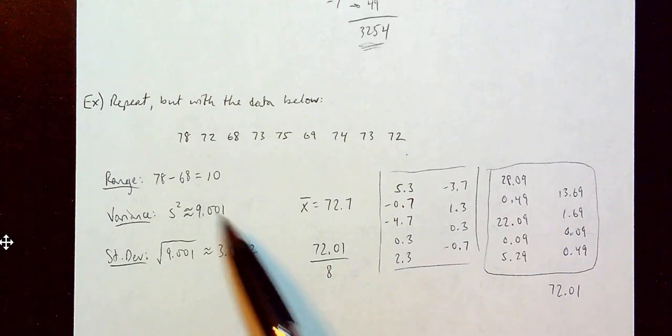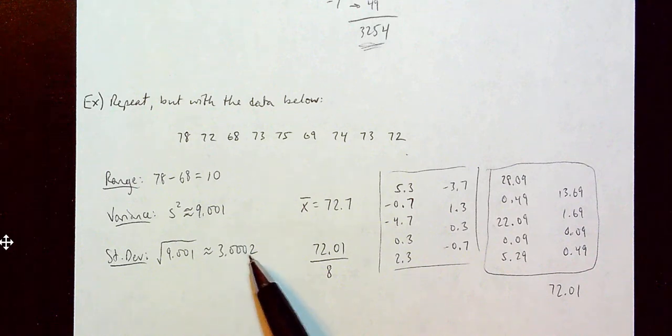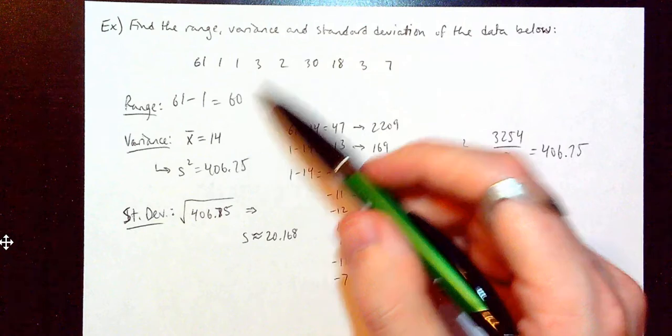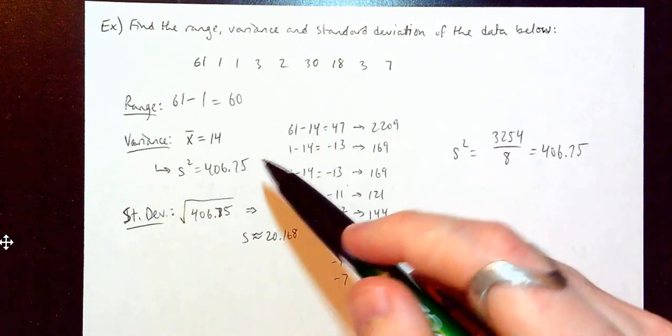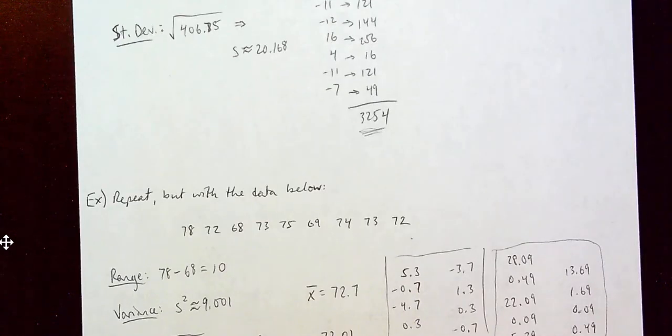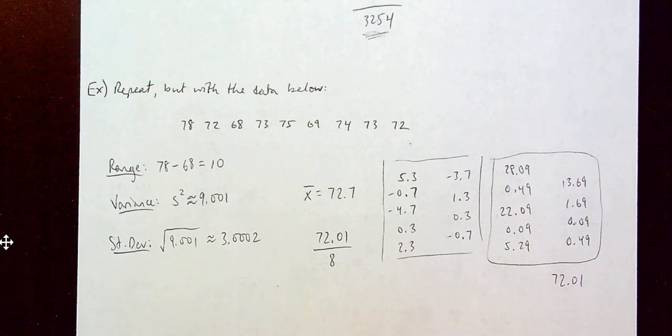So since we had a smaller range, we expected a smaller variance and thus a smaller standard deviation, which is exactly what happened compared to the previous problem, where we had a large range given the numbers that we had, and then we had a large variance and a large standard deviation. So that is how we find the range, the variance, and the standard deviation for a given set of data.